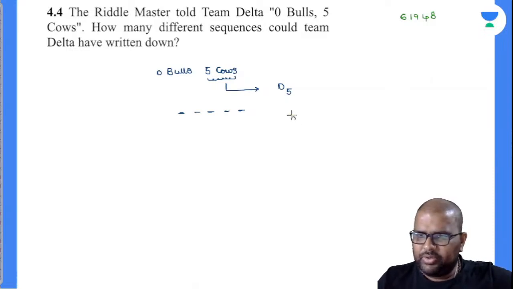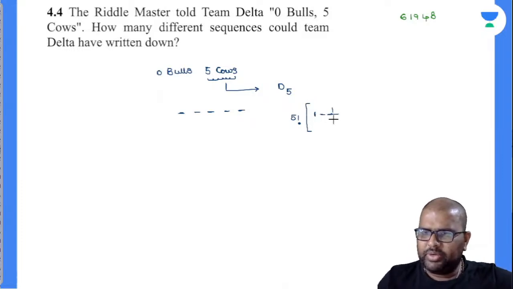Calculate this, 5 factorial into, I think you'll get 44 as your answer, right? 1 minus 1 by 1 factorial. You have done the same question now, plus 1 by 2 factorial, minus 1 by 3 factorial, plus 1 by 4 factorial, minus 1 by 5 factorial.